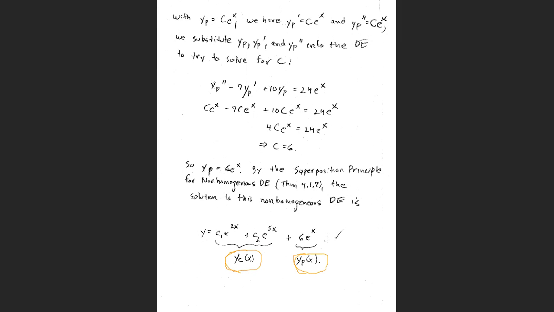It's particular because there's no unknown constant in that particular solution. Just add them together, and that assures you have a general solution. So why do we need the complementary function?